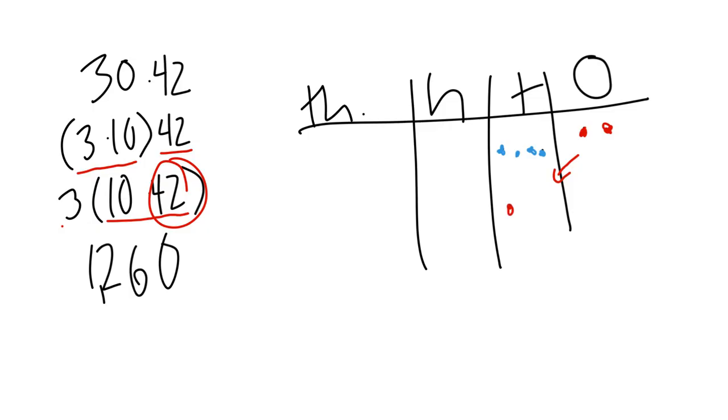So we're going to have 2 tens, and then we're going to shift these tens into the hundreds place. And then since it's multiplied by 3, we're going to have to add some discs to show it is multiplied by 3.